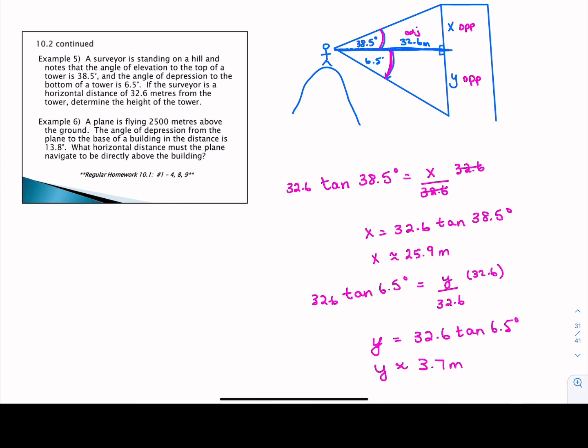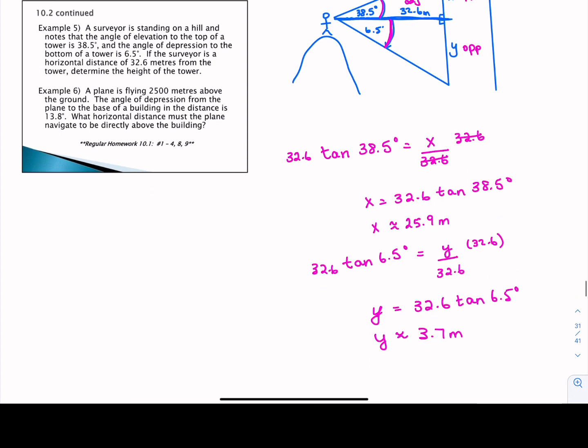So again, it makes our picture look really funny, but we didn't know how big or how small those angles really were. I could have taken a little bit more time and drawn a more accurate sketch, but that's not the important part here. What we want to do now is combine that measurement with our previous measurement of 25.9.